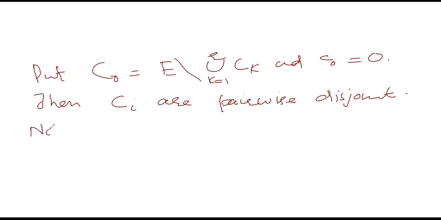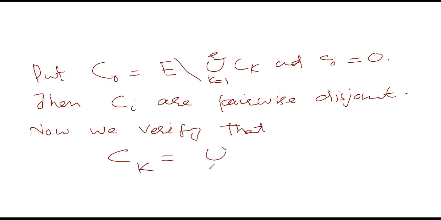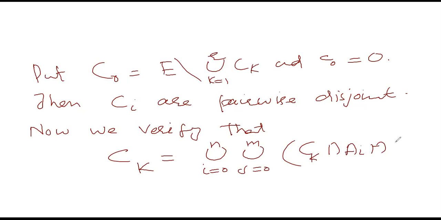Now we verify that this set Ck is equal to the double union, i runs from 0 to n, union j runs from 0 to m, of Ck intersection Ai intersection Bj. This is intersection.